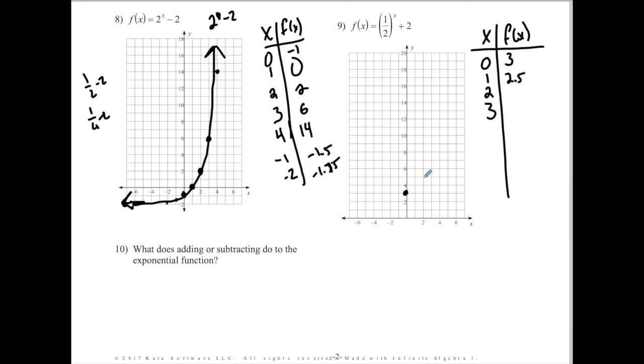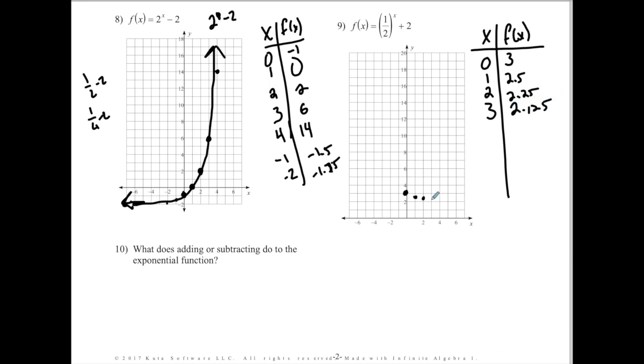So that's 2.5. Two, 1/2 squared is a quarter, plus 2 is 2 1/4. Okay, 3, 1/2 times a half times a half is an eighth.